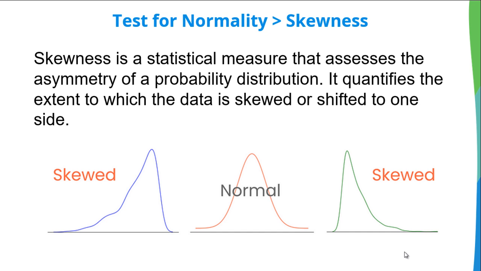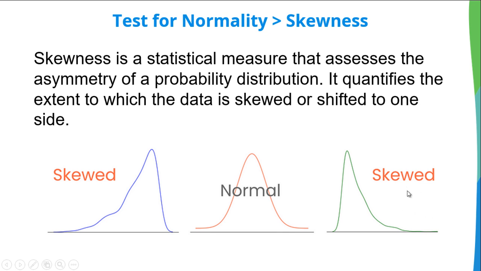It quantifies the extent to which the data is skewed or shifted to one side. From what you are seeing here, this is skewed to the left, this is skewed to the right, and this is normal. The data should be like this. This is the Gaussian distribution I mentioned the other time. That is how it would look. Whenever it is turned like this, it means it is skewed left. This one is skewed right.